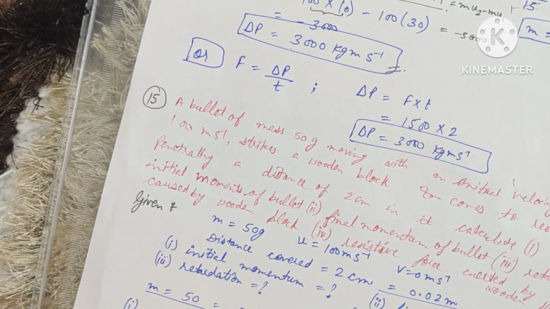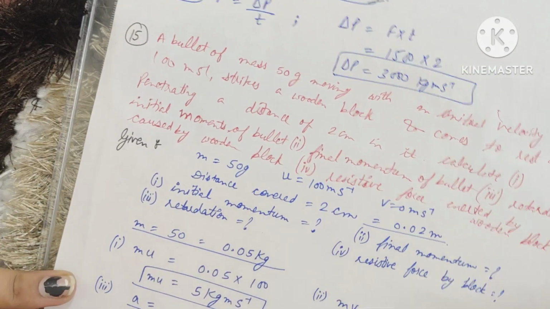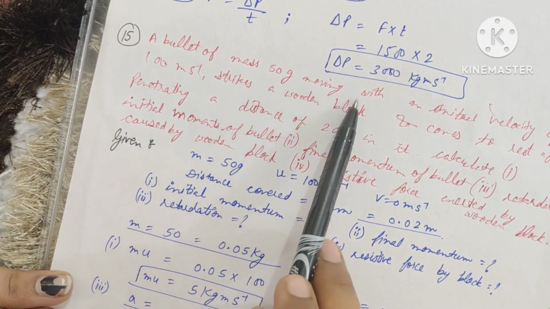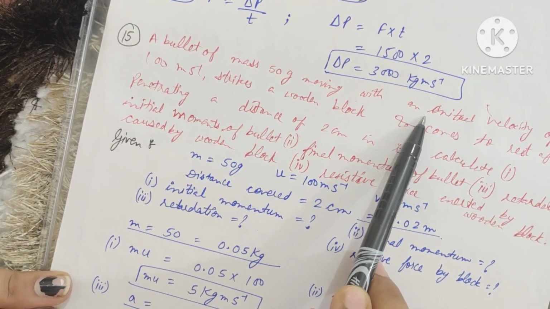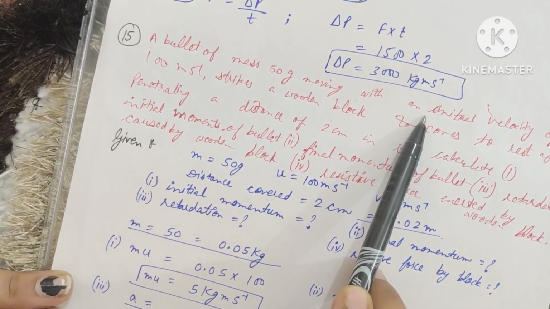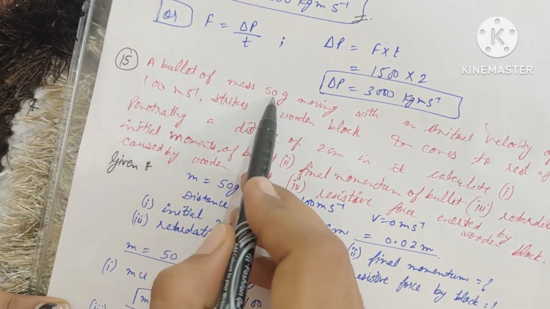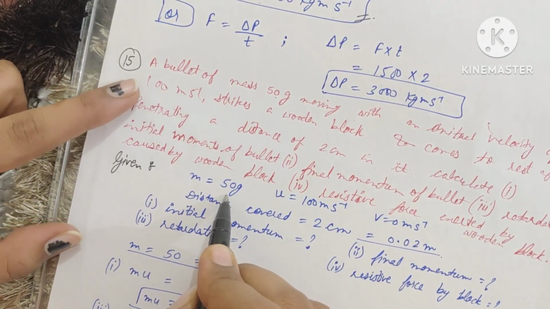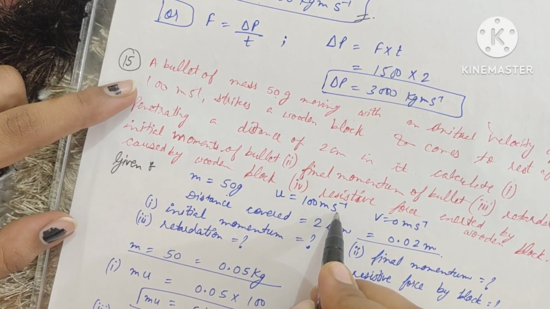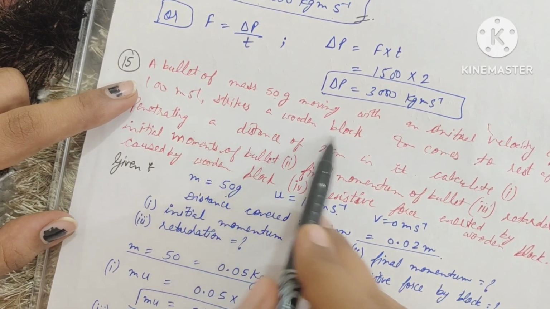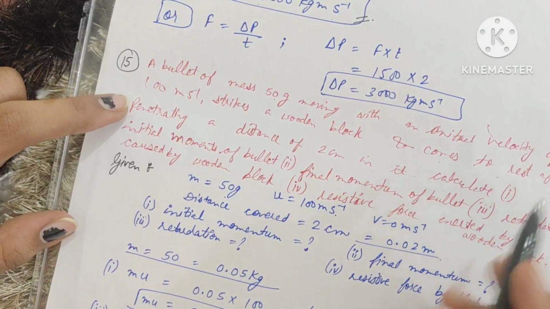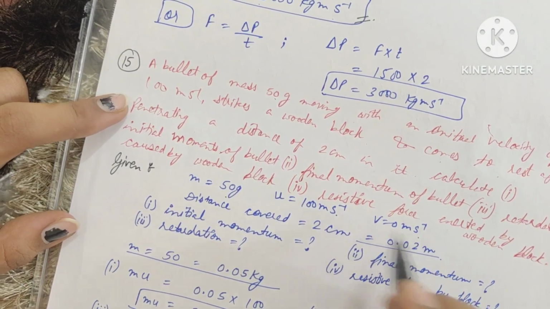Come to the last numerical of this exercise. A bullet of mass 50 gram moving with an initial velocity of this. Mass is given, note down that. Initial velocity is given, note down that also. Strikes the wooden block and comes to rest. Final velocity is 0.